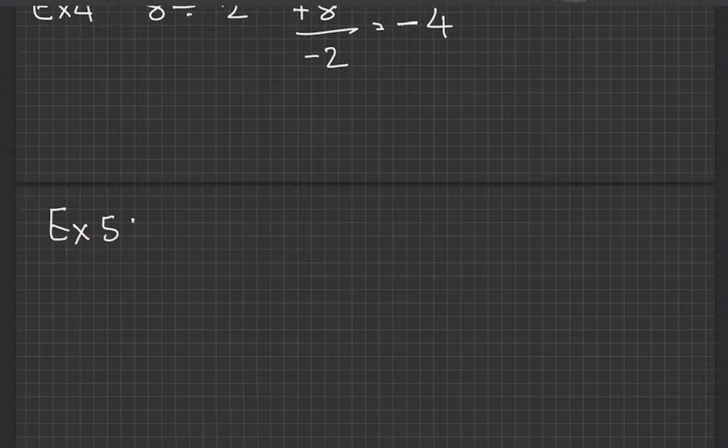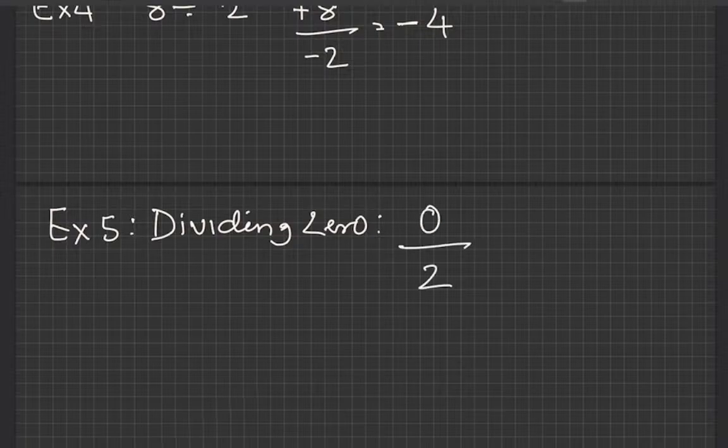Example 5. Here we are dividing 0. So 0 divided by 2 will always be 0, because 2 times what will give you 0? So it is 0. And remember, 0 doesn't have a sign.